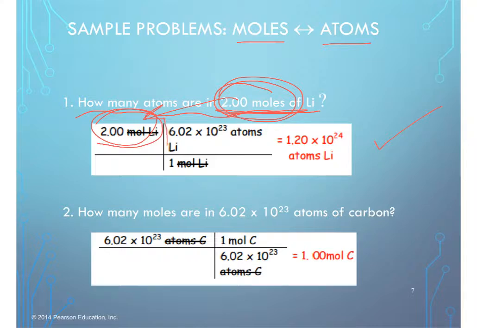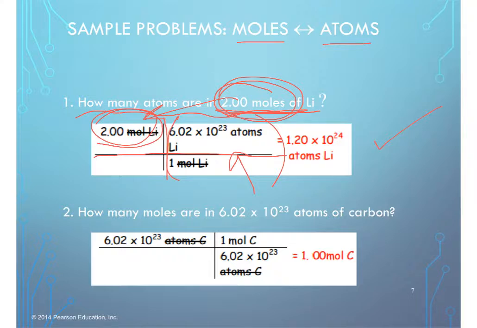And then if it's helpful, you can set up what some people call railroad tracks, or a grid. The important thing that comes next in the process is your conversion factor. Remember, I said you can arrange a conversion factor right side up, upside down, whatever.